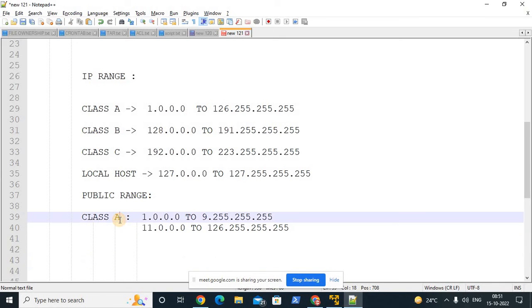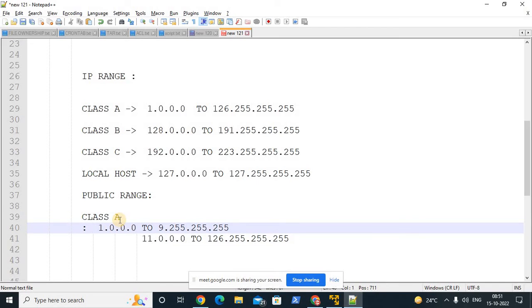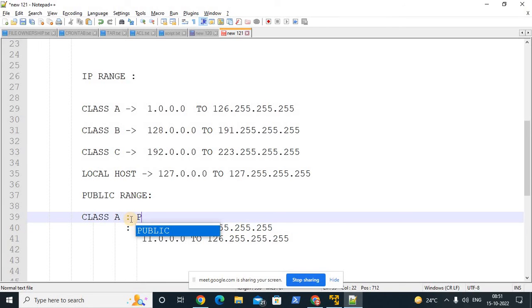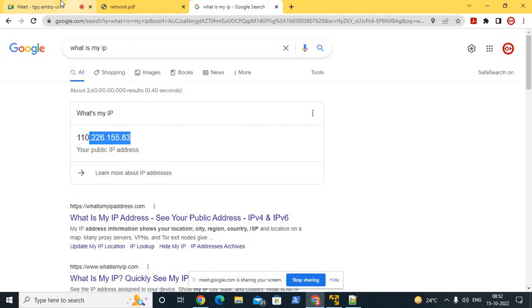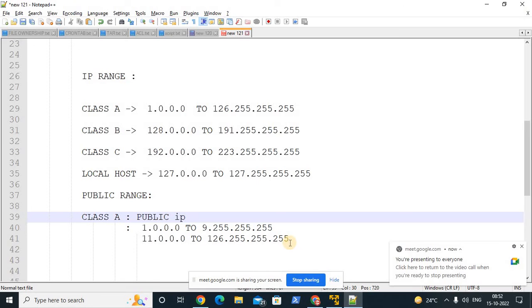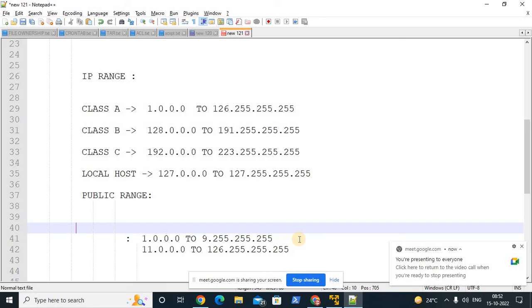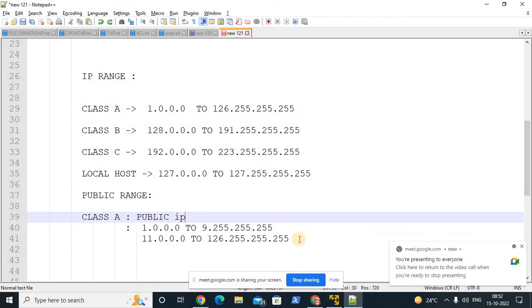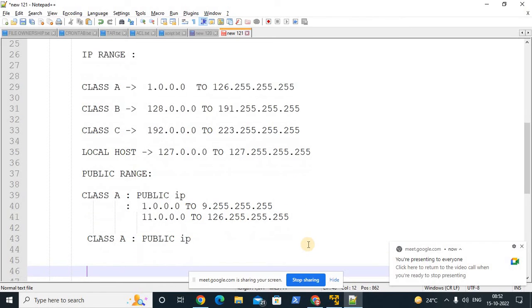So this is the Class A public IP. Let's talk about the Class A private IP. If I have the public IP, I can easily get the private IP.